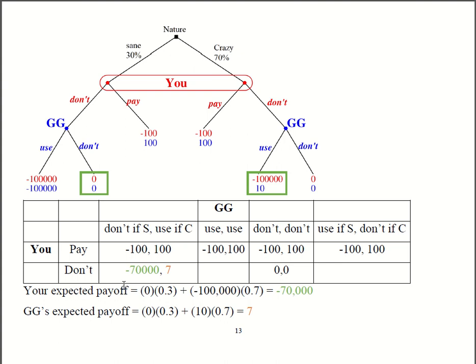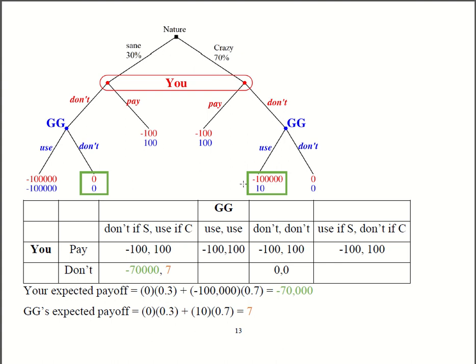So now I'll do the same thing for our Grenade Guy. With probability 30%, he's sane, so he's going to get a payoff of 0 from this strategy. That means we look at 0 times 0.3. The other possibility is that he's crazy. That was the probability 70%.